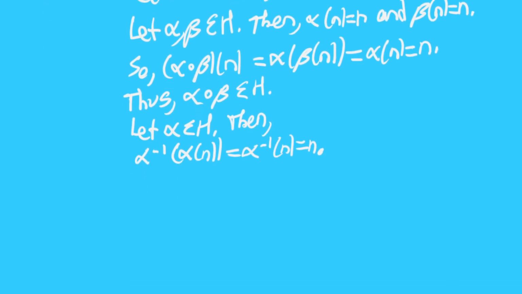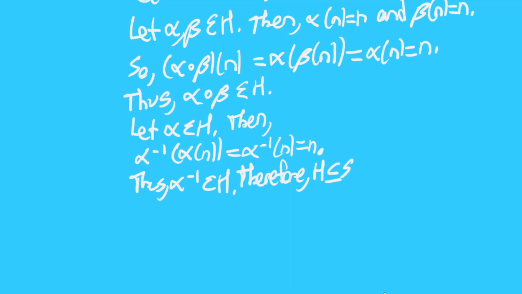So thus, alpha inverse is an element of H. So therefore, H is a subgroup of Sn as desired. And this proof is done. We did our two-step subgroup test and proved that H was a subgroup of Sn.